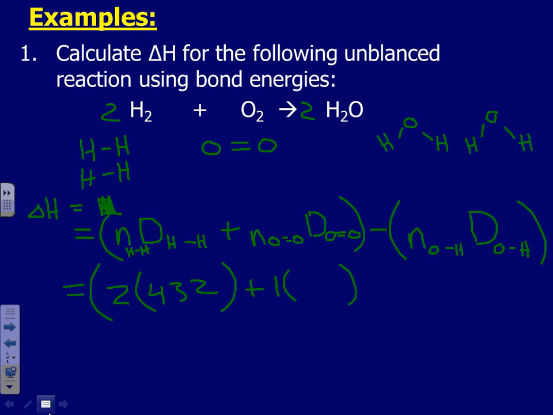What's the energy of a O double bond O? 495. 495 minus. And notice there's 1, 2, 3, 4. There's 4 OH bonds. There's only 2 molecules, but each molecule has 2 bonds in it. And what is our OH bond energy? Yep. 467 kilojoules per mole.